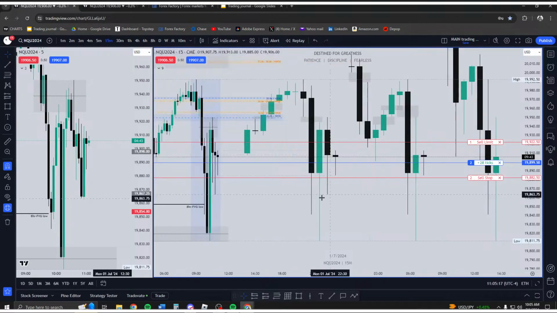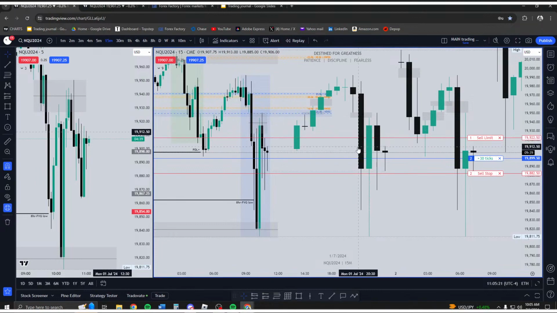So this is based off of the 15-minute power of 3. Are there any other time frames that align with it?